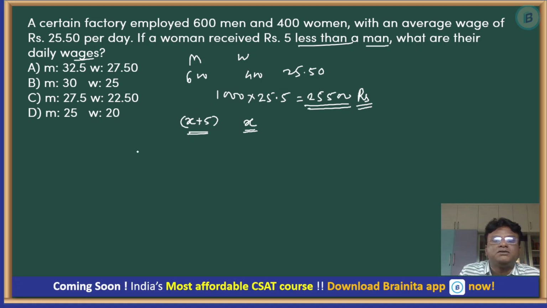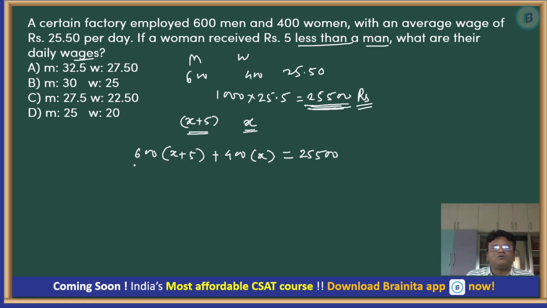Men will get 600 into X plus 5 plus women will get 400 into X, and this is nothing but this amount, which is 25,500. Now it is a question of solving this. So this is 600X plus 3000 plus 400X, equal to 25,500.